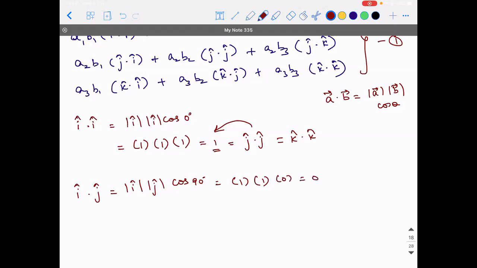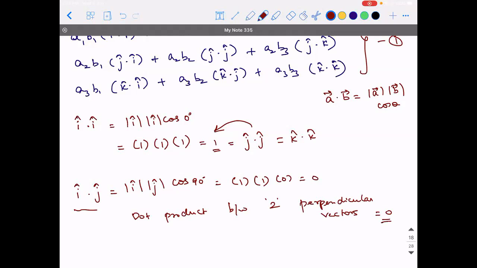So from this, I can conclude one important point: if you do the dot product between two perpendicular vectors, the answer is 0. Correct?